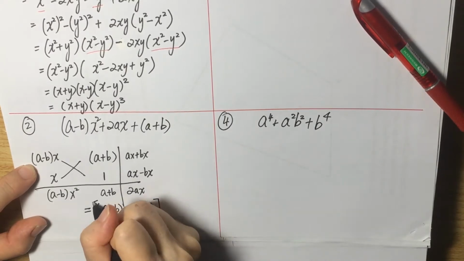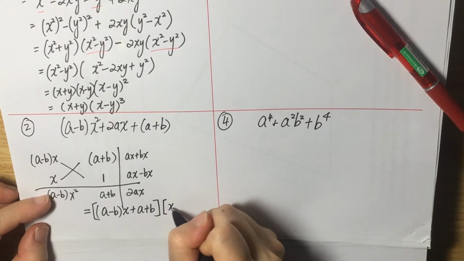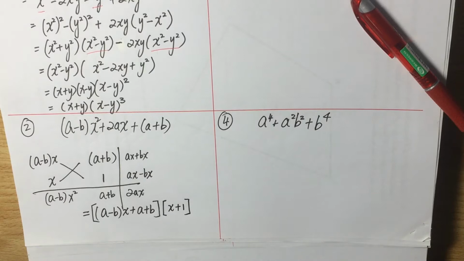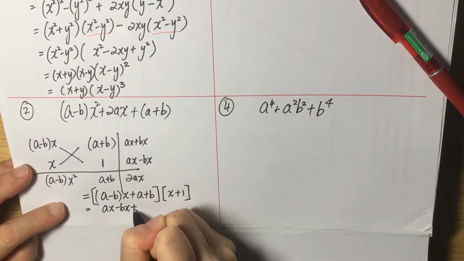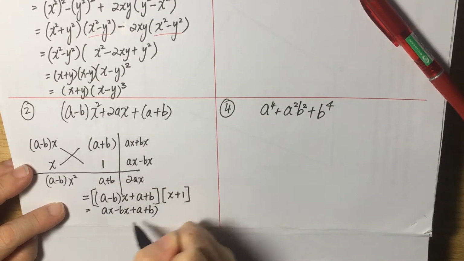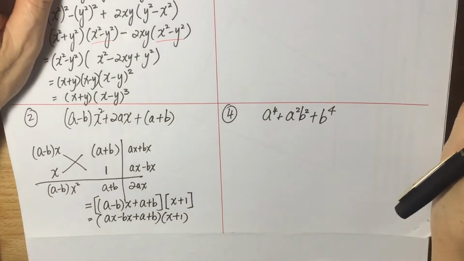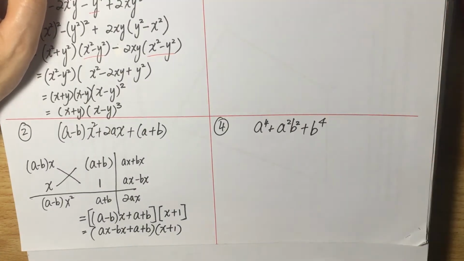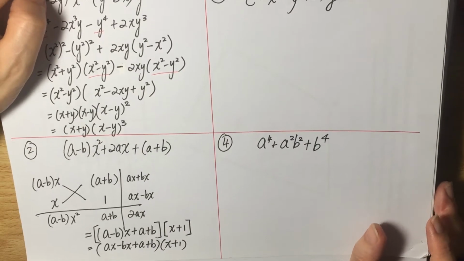So this is one factor. And the other factor is x plus 1. So I'll have this (a minus b)x plus a plus b and multiply with x plus 1. That's all. Okay, if there's a minus, then I can do better. But this one, no. Okay, so that's all.